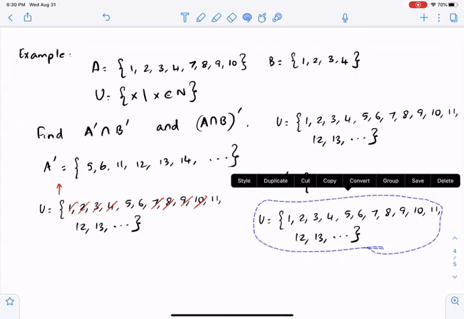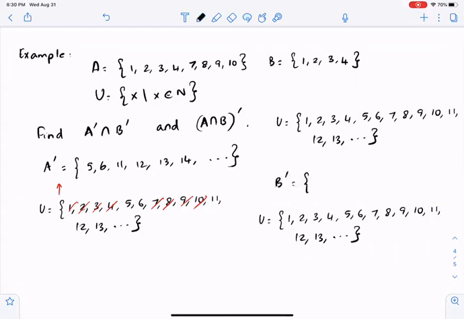I'm seeing 1, 2, 3, 4 in B. So I'm just going to exclude 1, 2, 3, 4. And that would give me 5, 6, 7, 8, 9, ... So I have B complement.